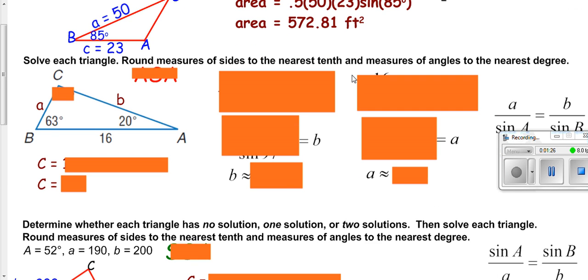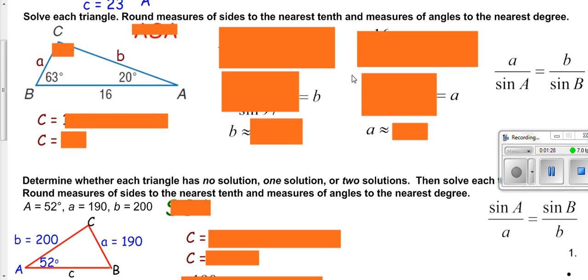Now, the next problem down, we are given an angle, another angle, and a side. And our side is in between the two angles that we have. That's referred to as angle, side, angle.